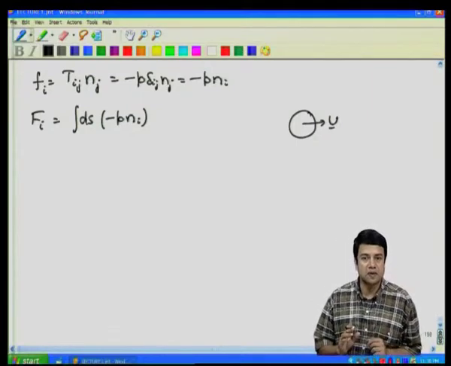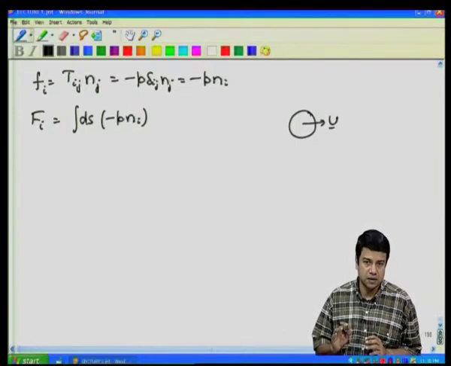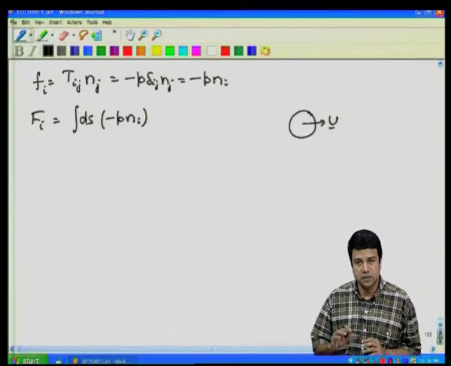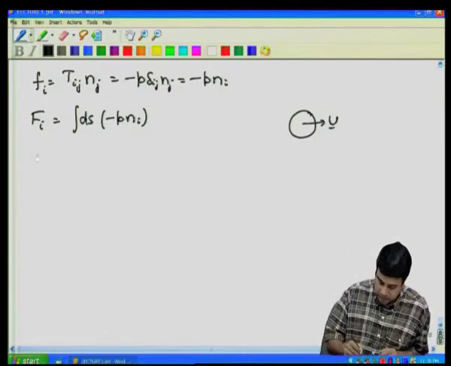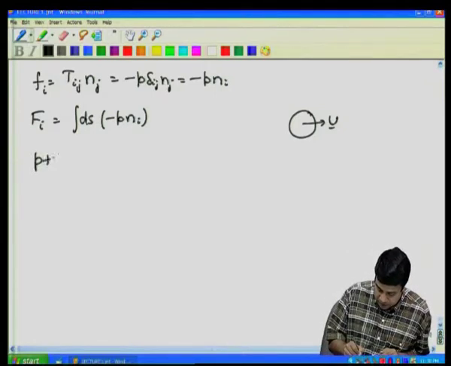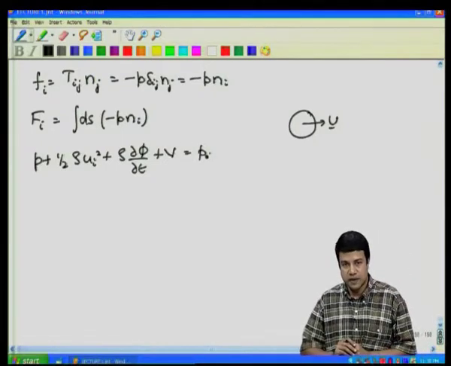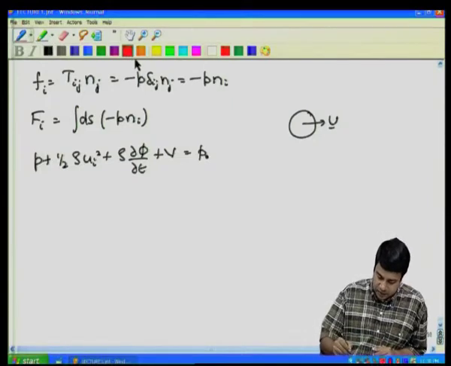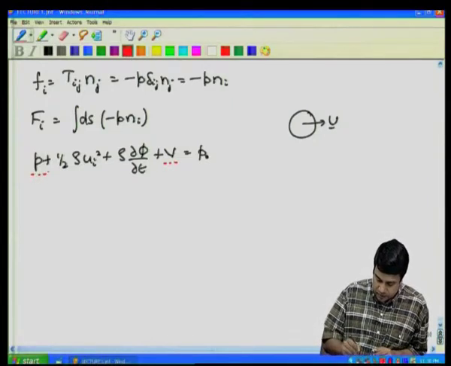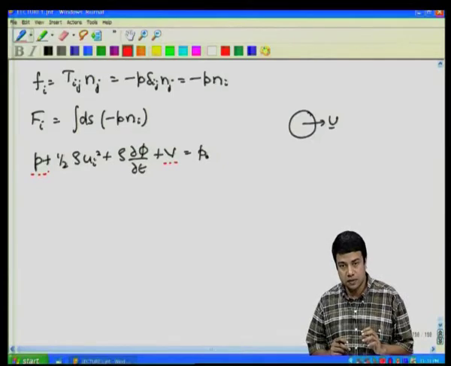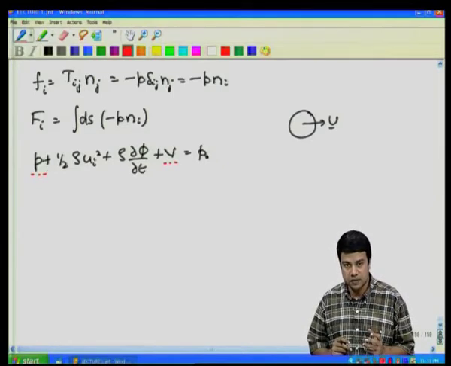In this particular case, we will neglect the body forces because we will assume there is no gravitational acceleration for the present. As I showed you in my Bernoulli equation, P plus half rho u_i squared plus rho partial phi by partial t plus V is equal to P naught. Provided the force is conservative, I can combine these two terms to define a new pressure, which I will call pi.